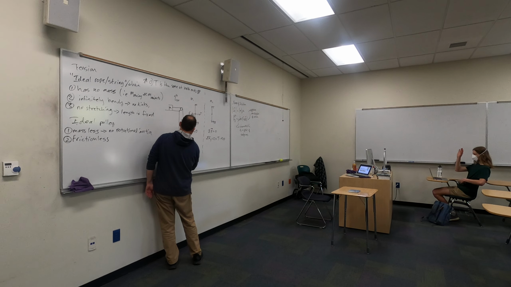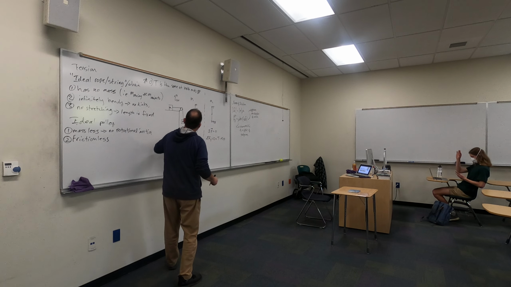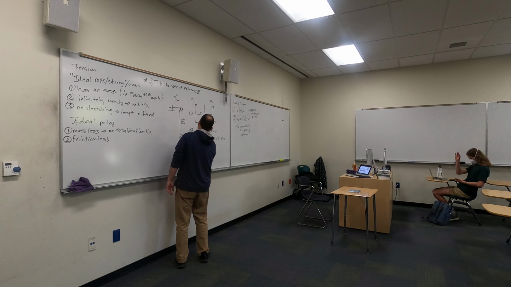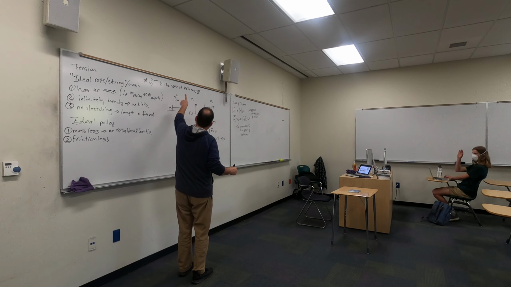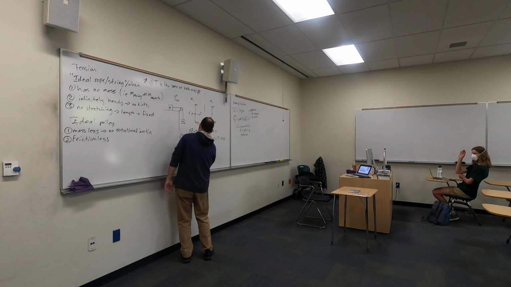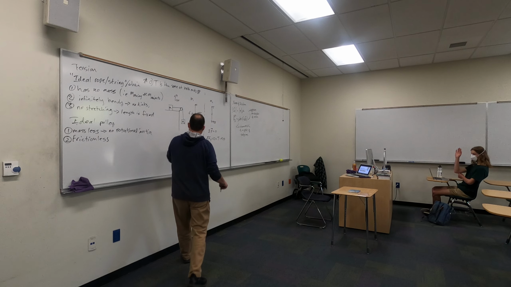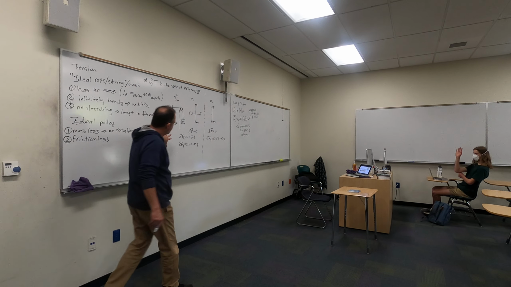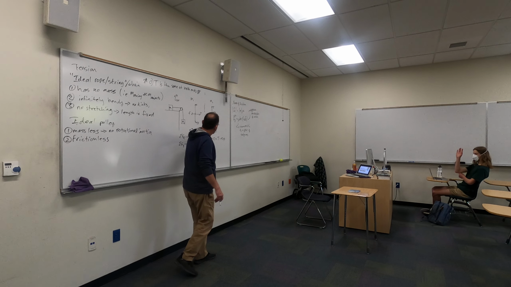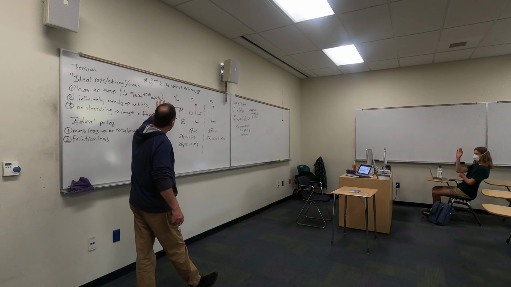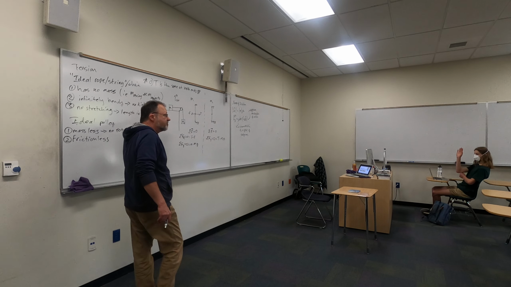Positive, so that's T minus F. And sum of forces in the y direction is equal to 0. In the vertical, it's N minus M1G. All right, so we have 3 equations and only one unknown, which means this is overdetermined.